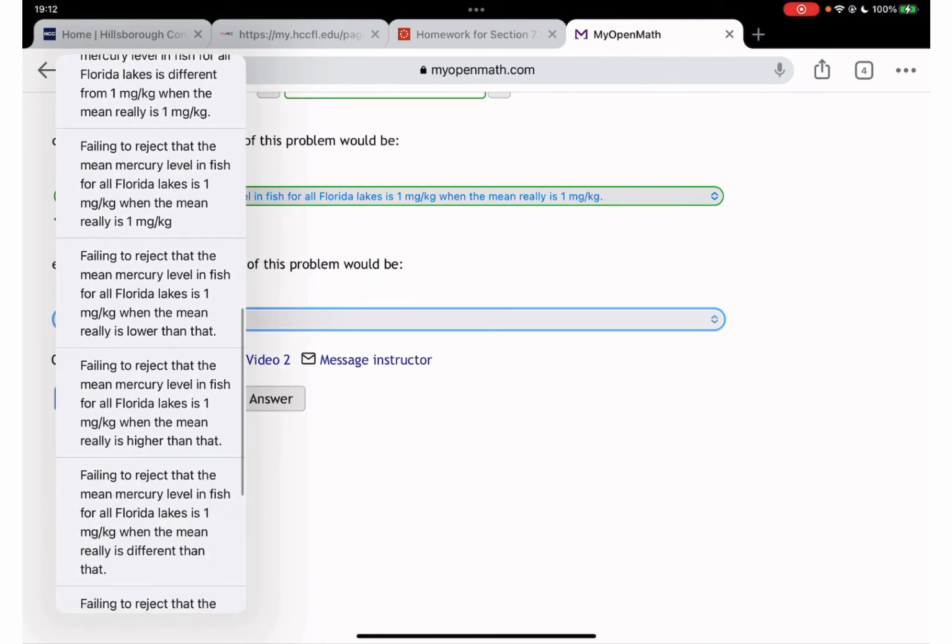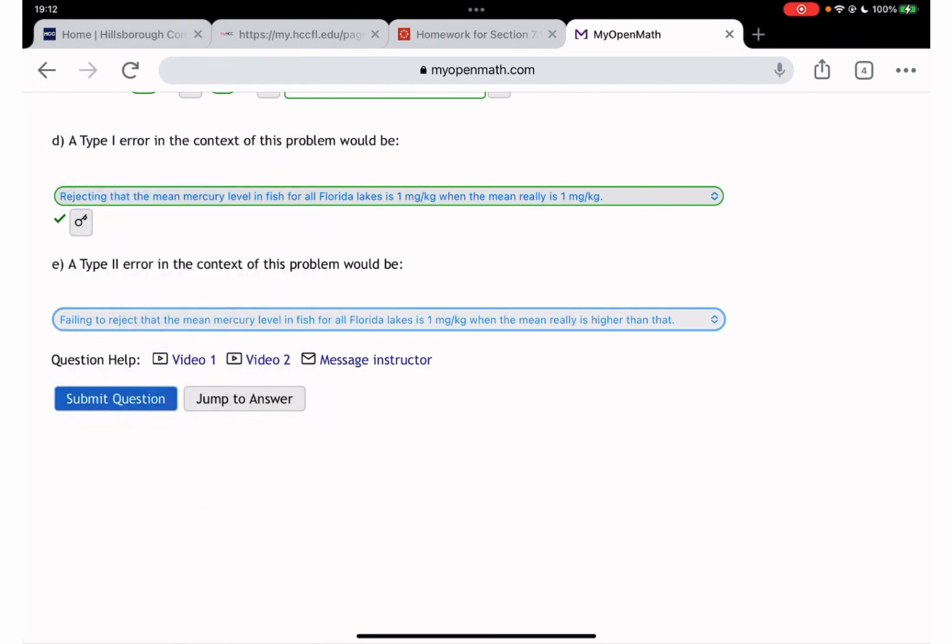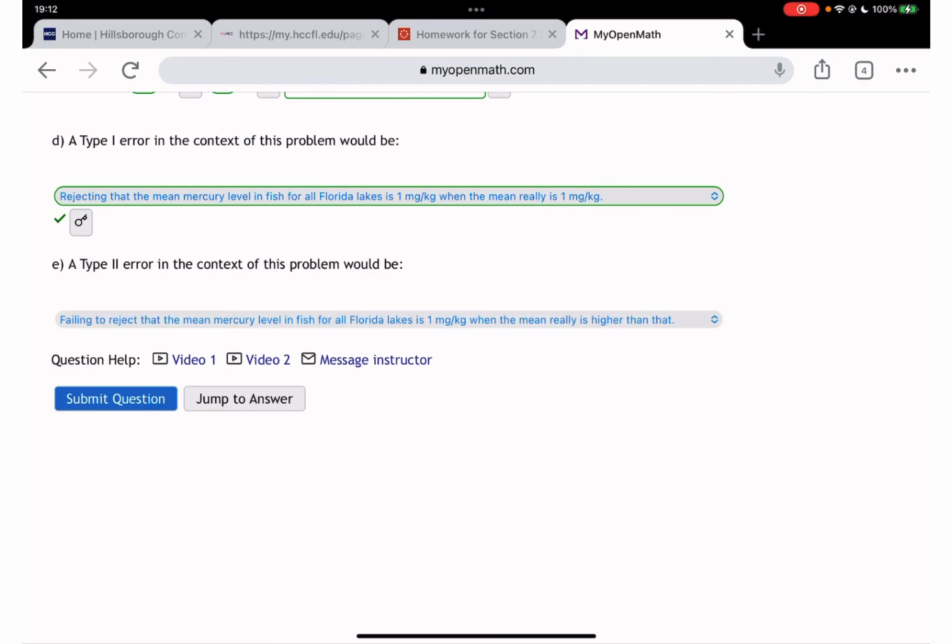Failing to reject that the mean mercury level in fish for all Florida lakes is 1 milligram per kilogram when the mean really is higher than that, because they claim it's lower, and now the alternative case is higher than that.